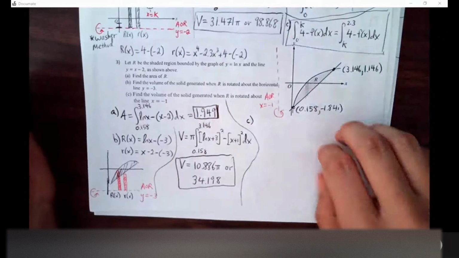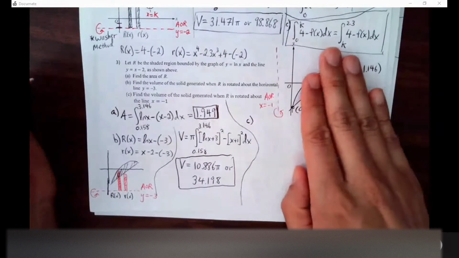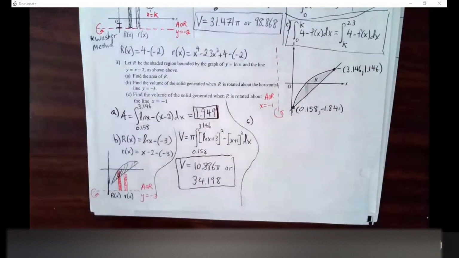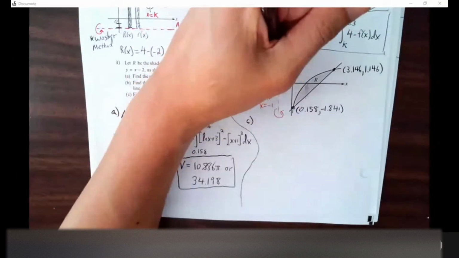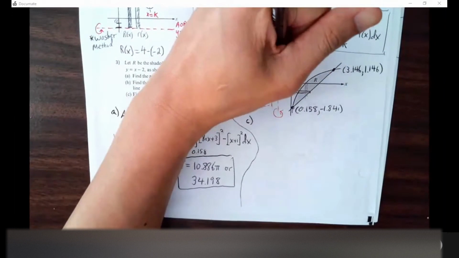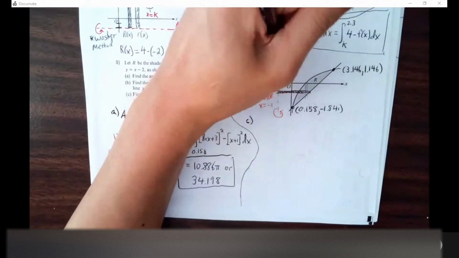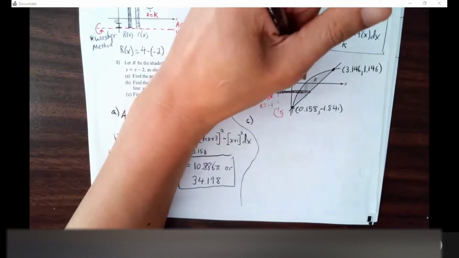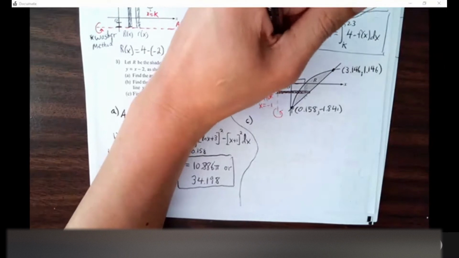We see that there's still a gap between the axis and the shaded region. We know this is going to be washer method. We go ahead and draw our 2 radii, extending from the axis to the furthest boundary that we see, and then from the axis to the closer of the 2 boundaries.